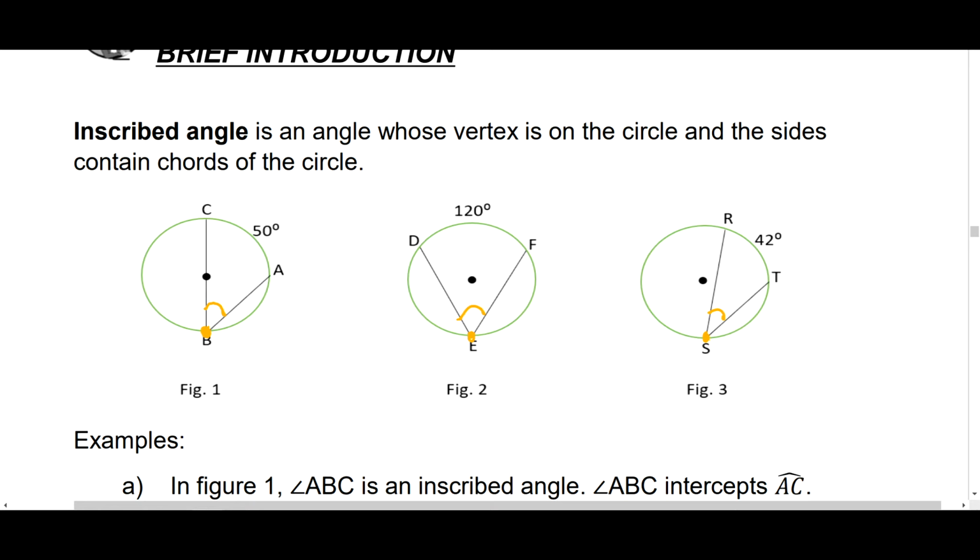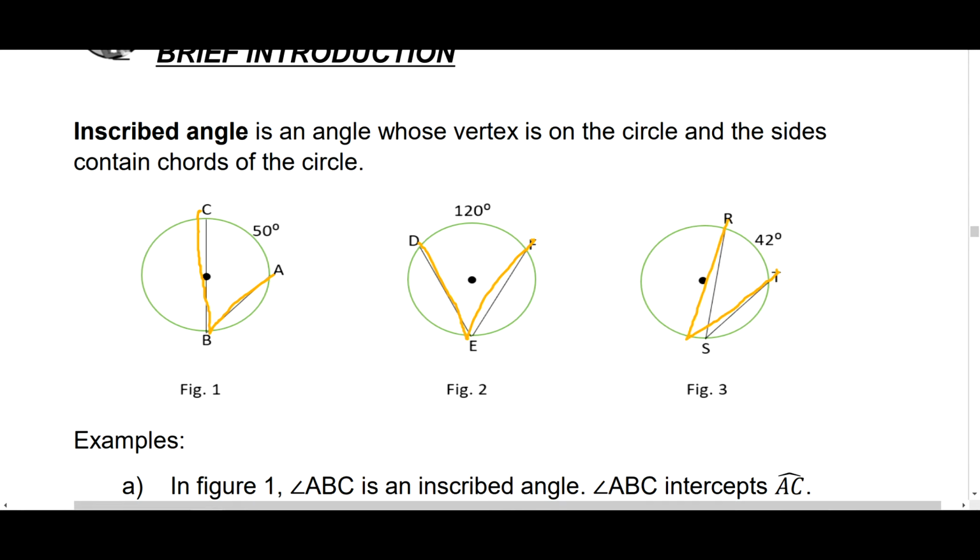Ayan. So, for example, here, we have the following figures of inscribed angle. So, this one, angle ABC, ABC is an inscribed angle. Angle DEF is an inscribed angle. Angle RST.